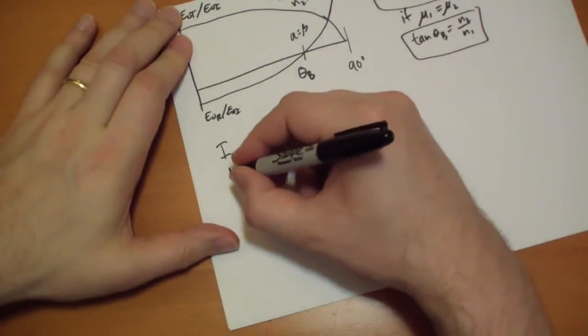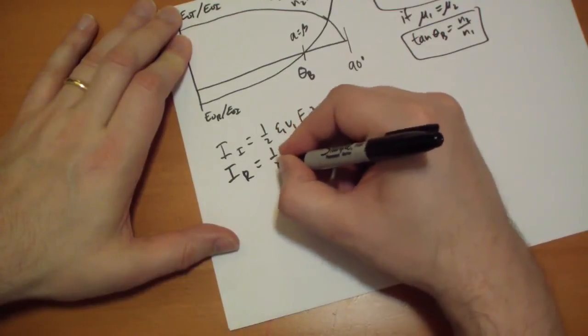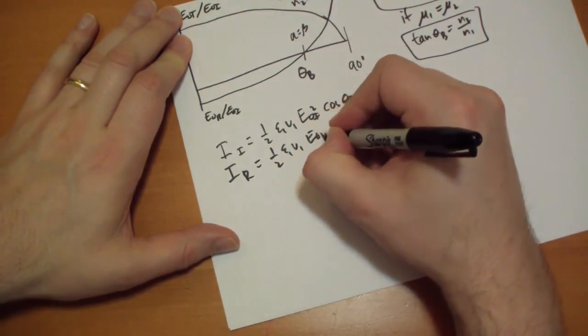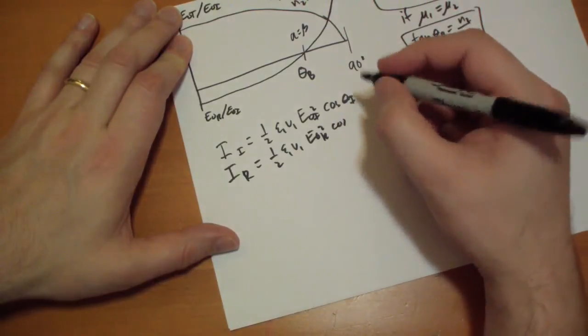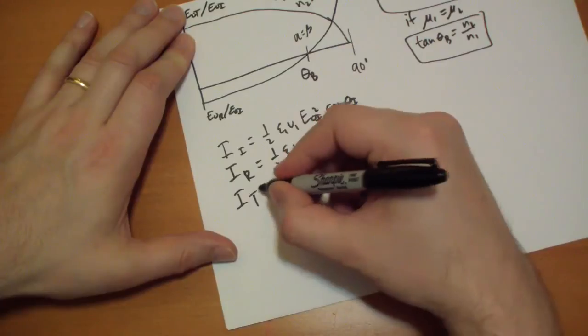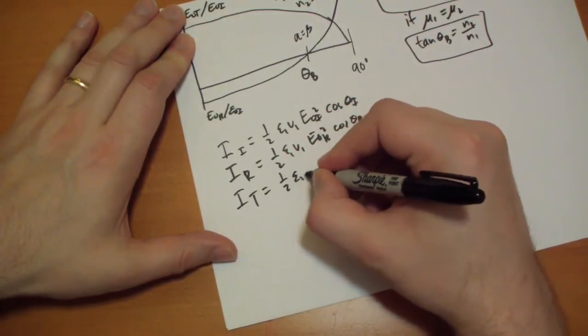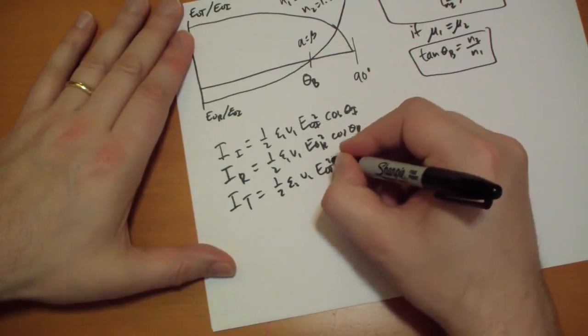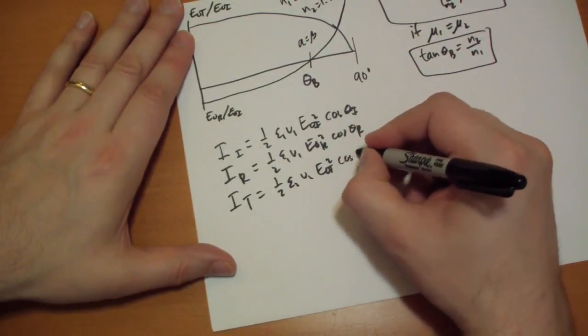So the intensity of the reflected wave will be given by 1/2 E1 V1 E naught R squared times cosine theta R. Remember, theta I equals theta R. And the intensity of the transmitted wave is 1/2 E2 V2 E naught T squared times cosine theta T.